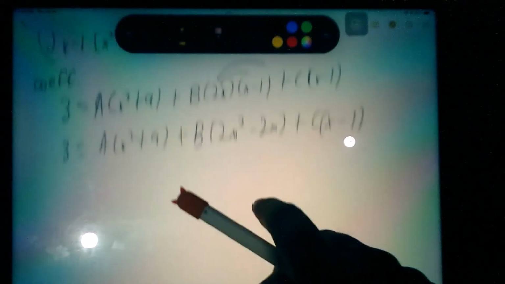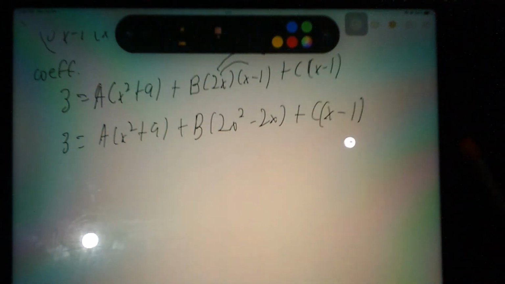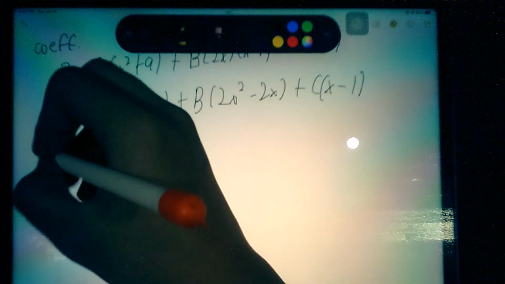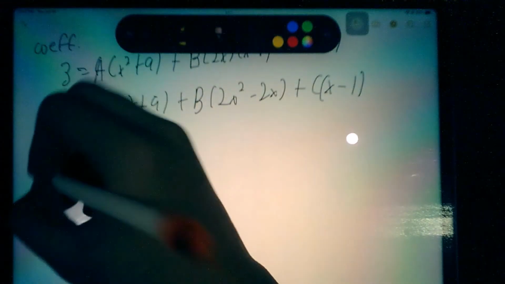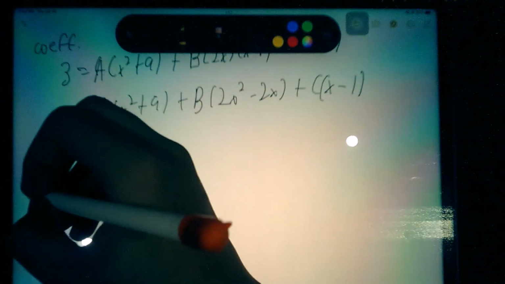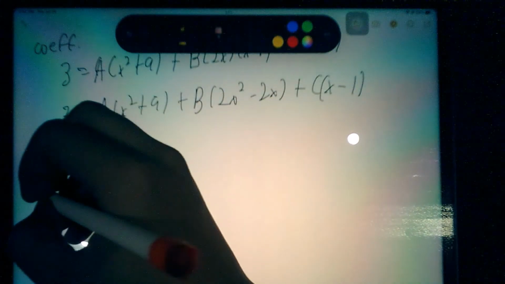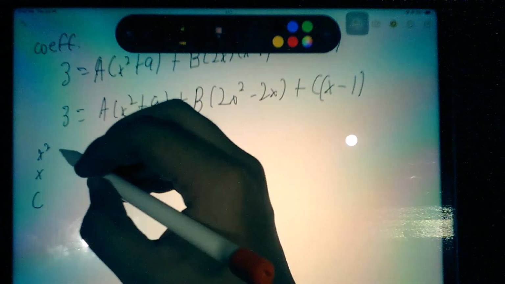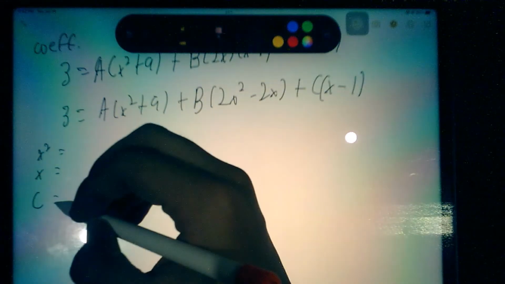And by using our calculator, let's say here, can you see my calculator? But first, we need to find the value of x squared, x, and the constants, c here represents constant, so x squared.